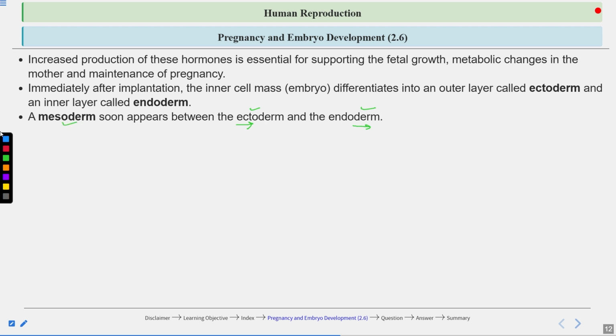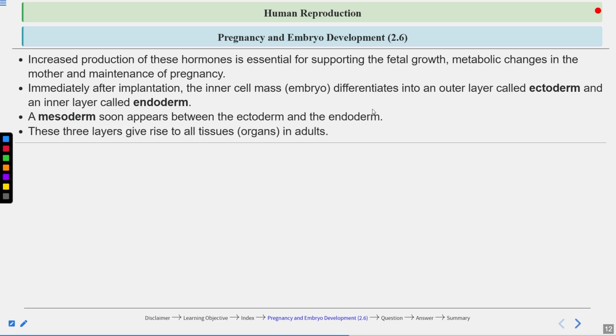So these are the 3 germ layers from which all the organs and tissues are formed. These 3 layers give rise to all the tissues, or you can say organs, in the adults. Cells combine to form tissue, tissues combine to form organs, and organs combine to form organ systems.